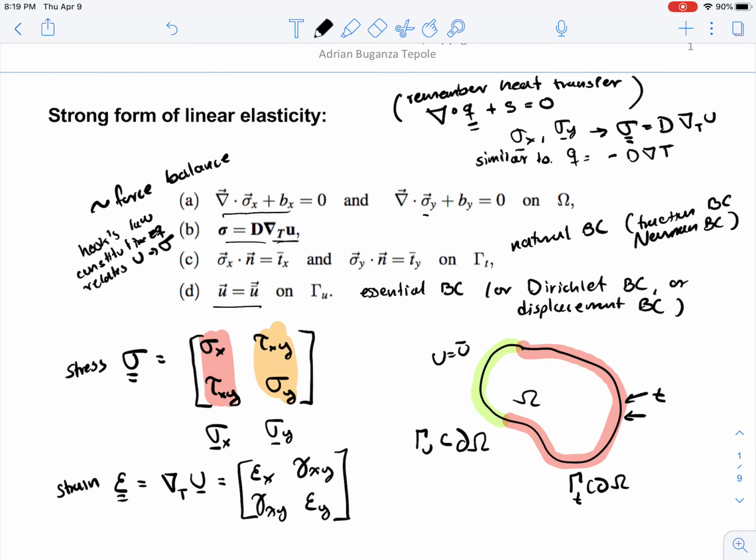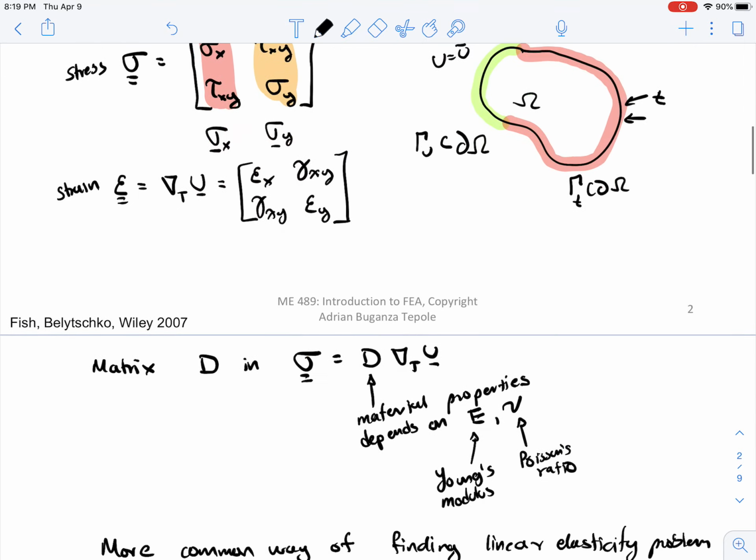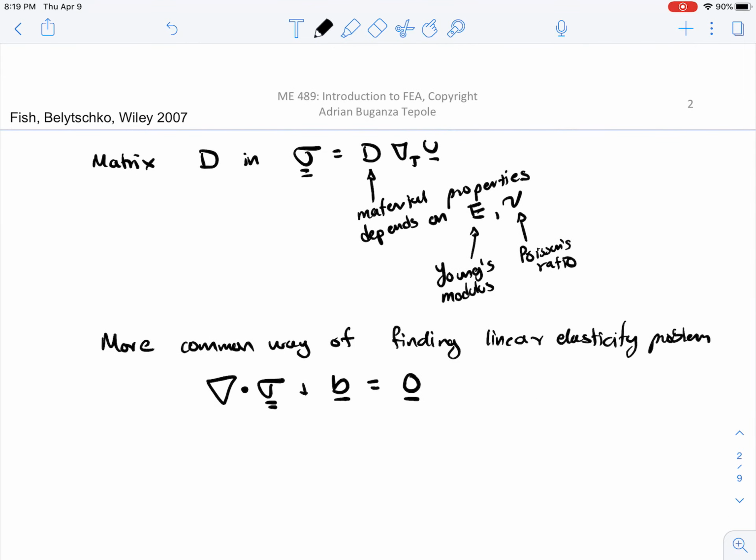So instead of having, for x, you can think of this as equilibrium in x, equilibrium in y. So instead of having these two equilibrium equations, you can just have a single equation. So this is both x and y combined, and the rest is the same.